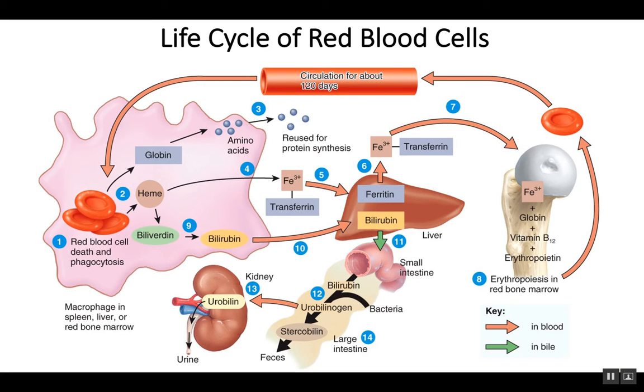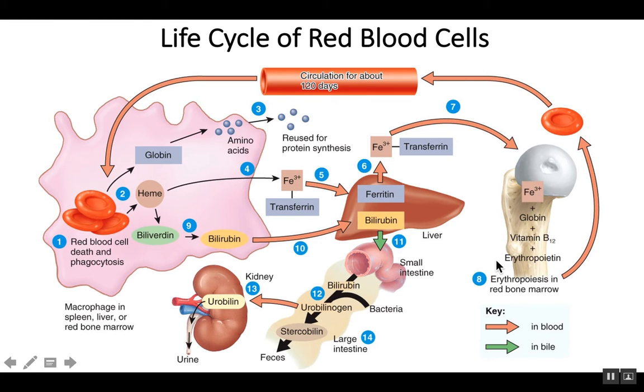This slide looks extremely complicated, but don't be too scared. We're going to walk through it very slowly so you can better understand the life cycle of a red blood cell. This figure starts over here at removal of red blood cells. I would prefer to start at number 8, because number 8 shows a bone, and you might recognize this bone.